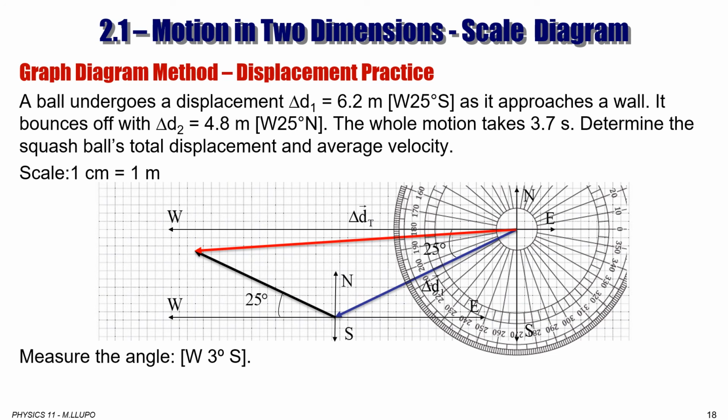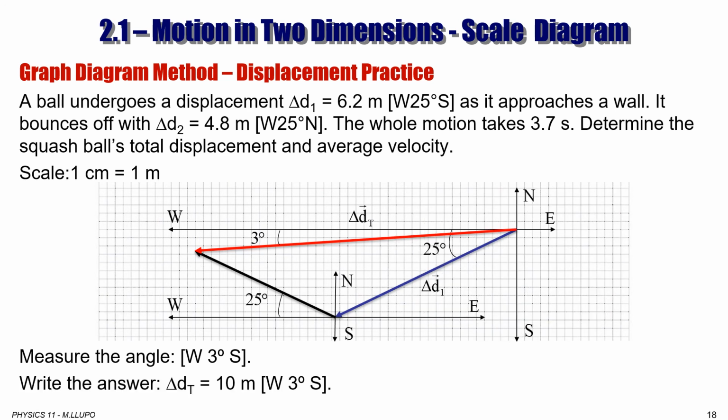So I can write it: it is between west toward south, so I can write it as west 3 degrees south. And then next, I can write the answer as a whole: delta D total is equal to 10 meter, not 10 centimeter, 10 meter west 3 degrees south.